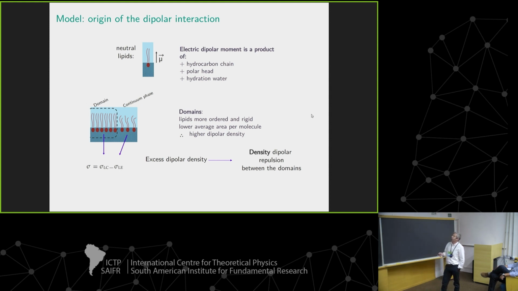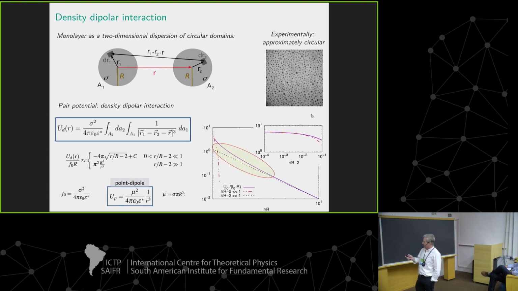So for us, what we end up having is a set of disks, because we approximate the domains as disks, in principle monodisperse, and they interact through the dipolar density on their surface. To calculate the interaction potential, it's just electrostatics.